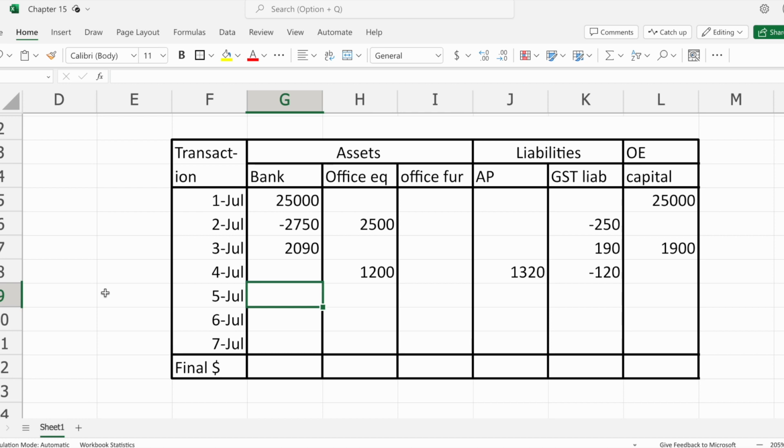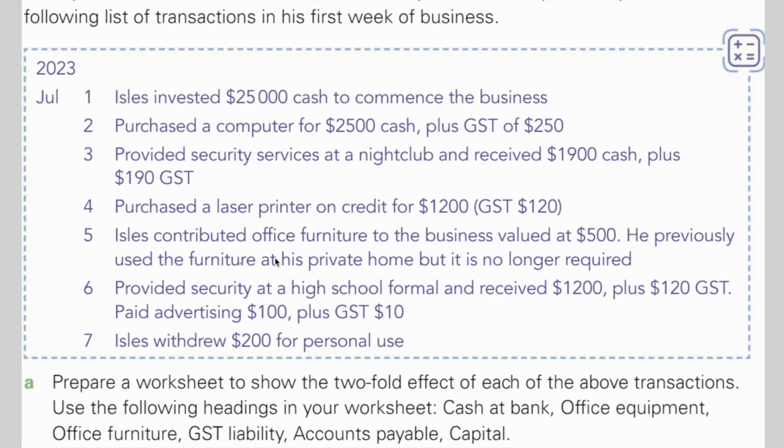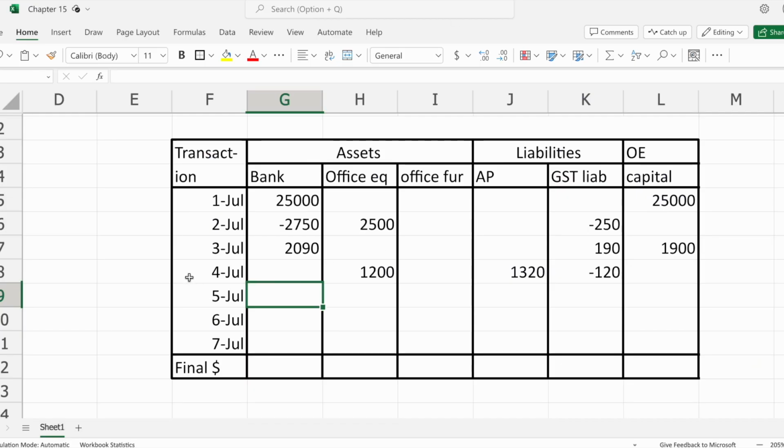So for office furniture, Islis contributed office furniture to the business valued at $500. He previously used the furniture at his private home, but it is no longer required. So we're given that piece of information.